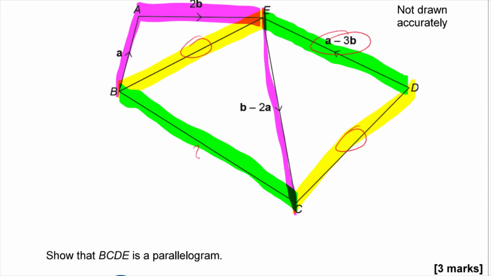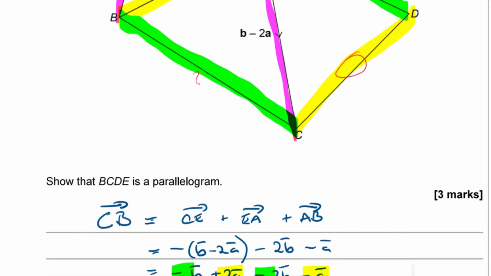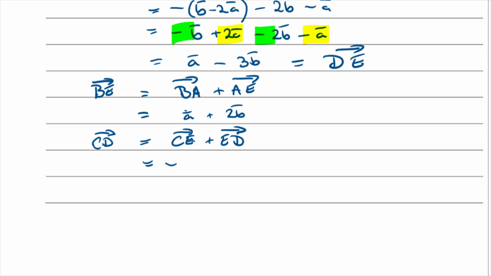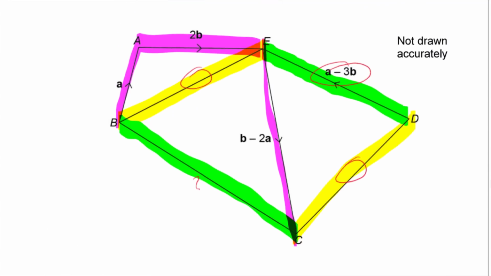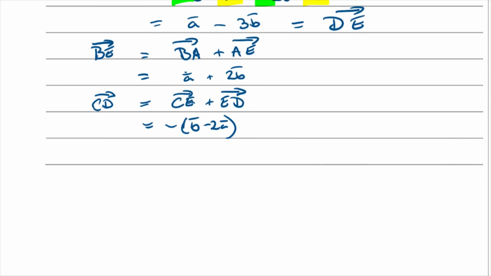Oh, it's going against the arrow, isn't it? So it's minus that. Minus (B minus 2A). And then again, I'm going against the arrow of that one, so it's minus (A minus 3B).